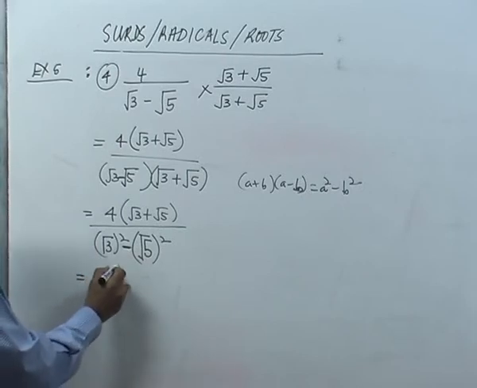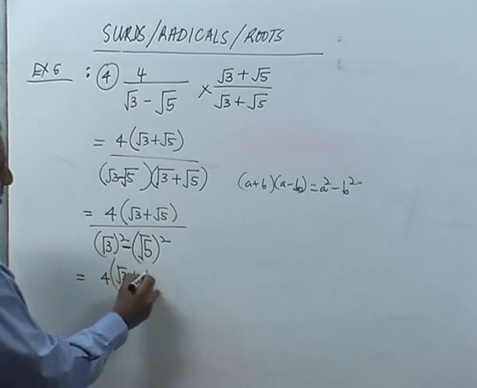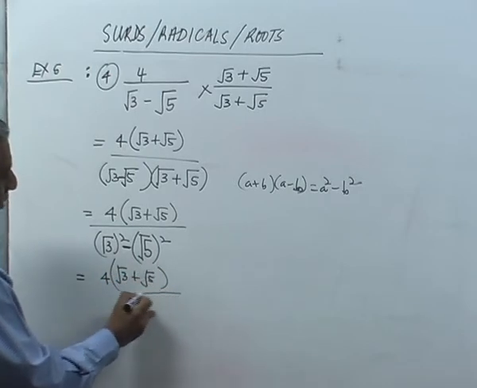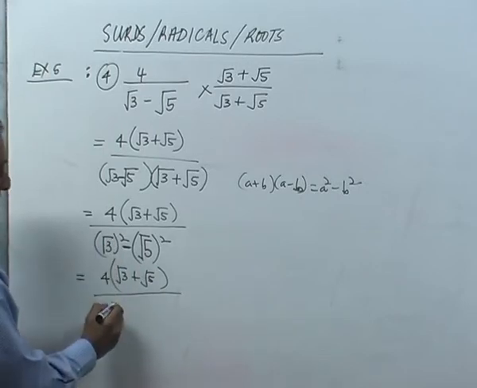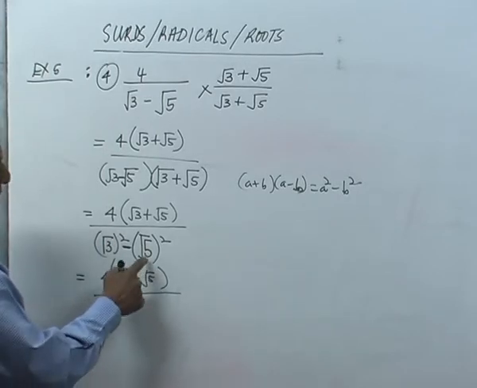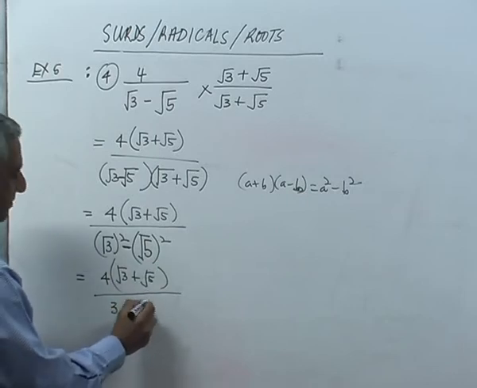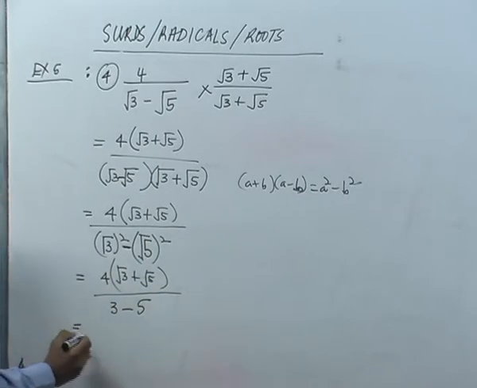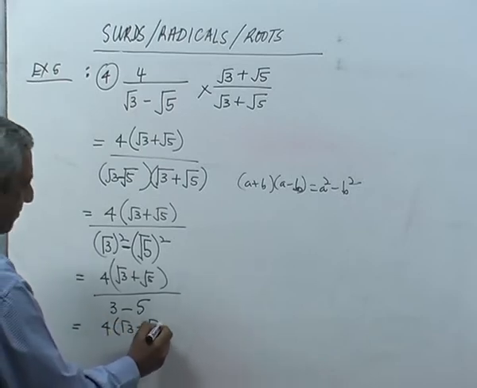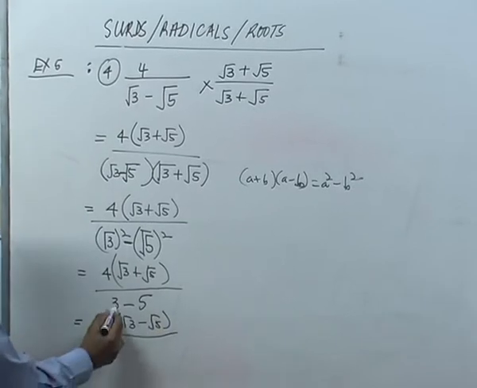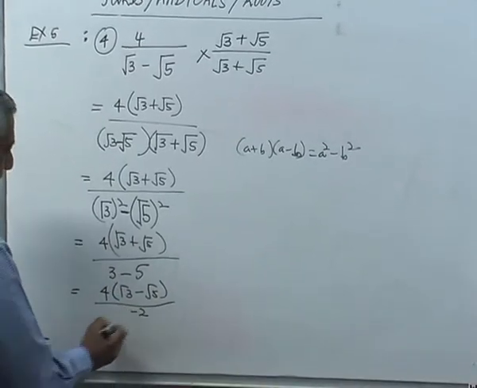Right, so that's 4 into root 3 plus root 5 over. This root 3 squared is 3. Root 5 squared is 5. So you're left with 4 root 3 minus root 5 all over 3 minus 5 is minus 2.